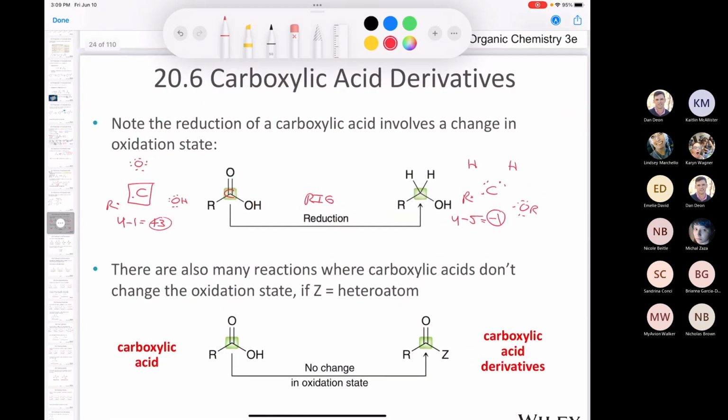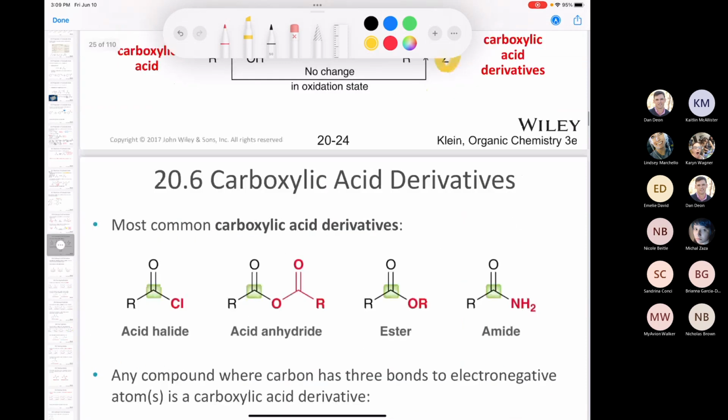We're going to be talking about taking carboxylic acids and converting them, or just studying carboxylic acid derivatives. So if your Z is a heteroatom, meaning it's not a carbon, if it's an oxygen or a halogen or a nitrogen, then there's no change in oxidation state. So it's not oxidation, it's not reduction.